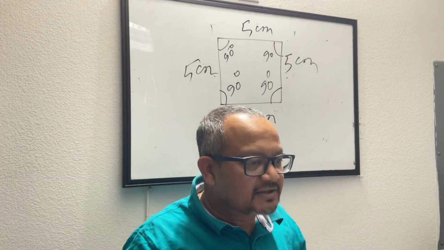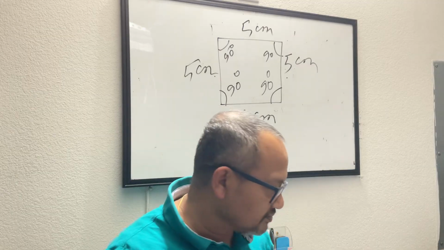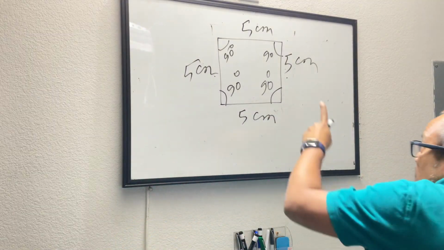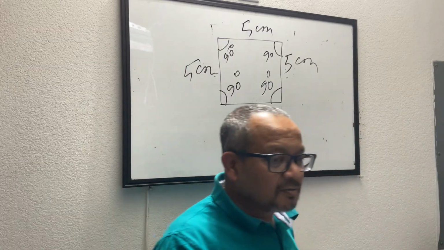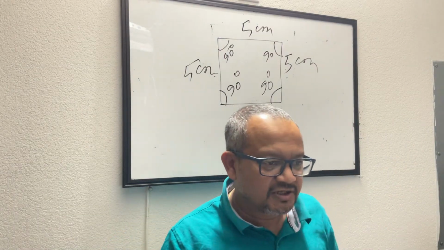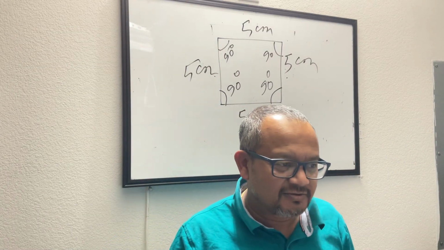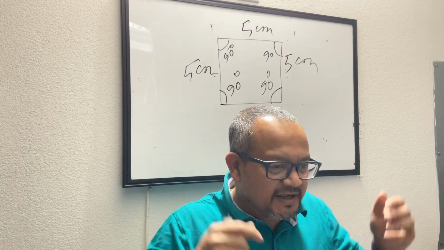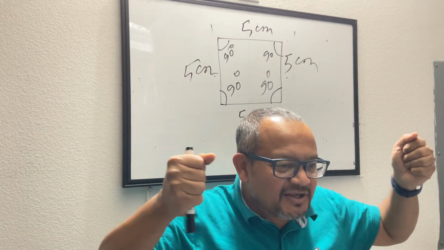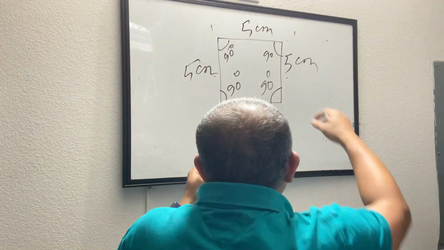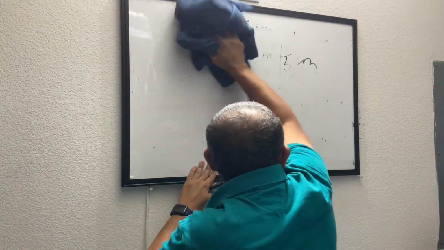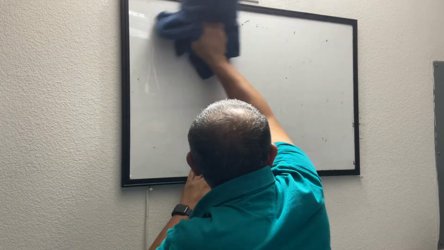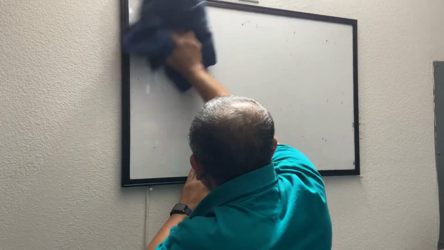Now let's look at some more interesting shapes. We are talking about a square right now, and I want to play. I don't want to teach. I want to play right now. What will I do? I'll take a square and start squeezing it. Your teacher is being playful right now.